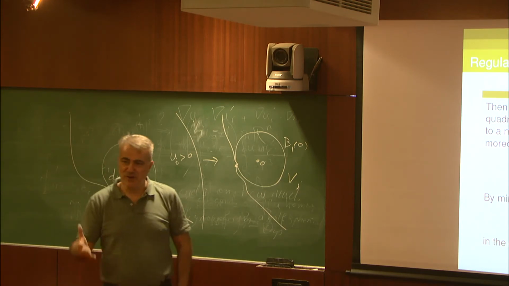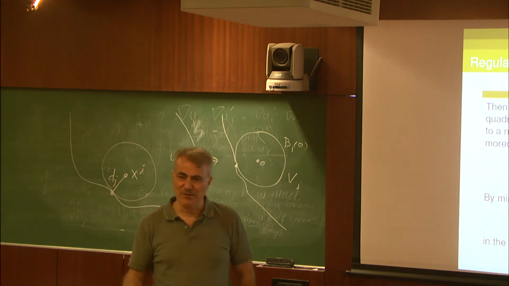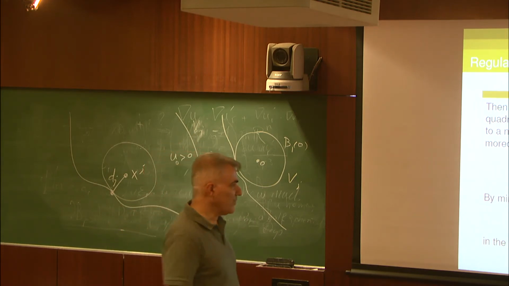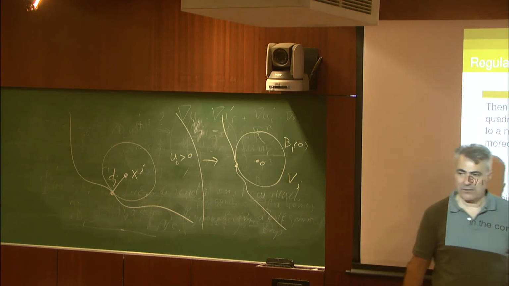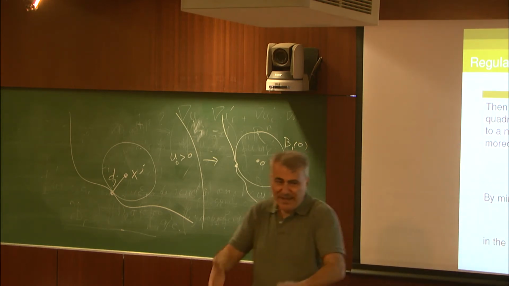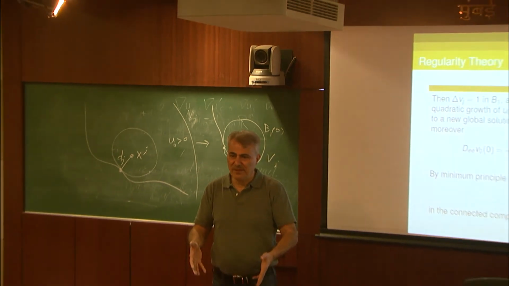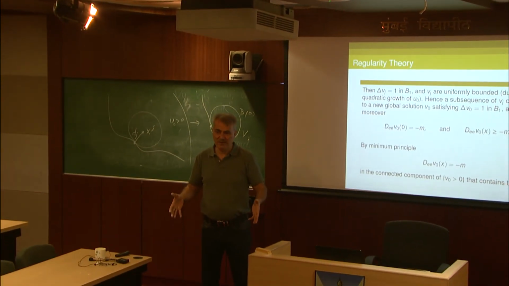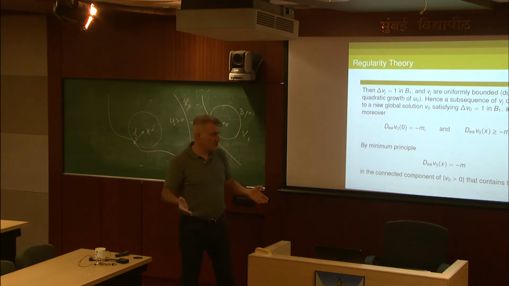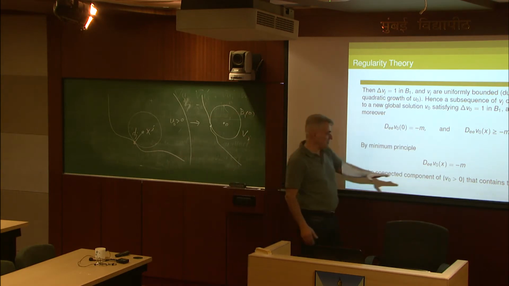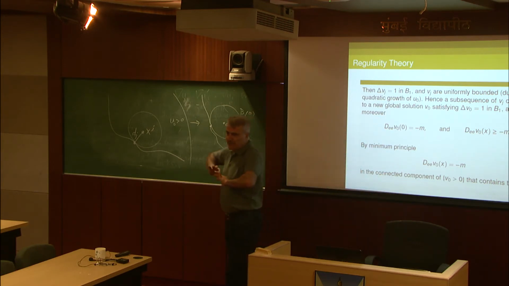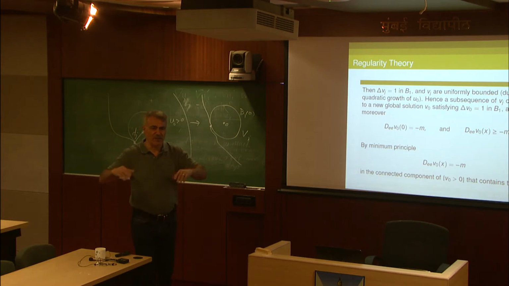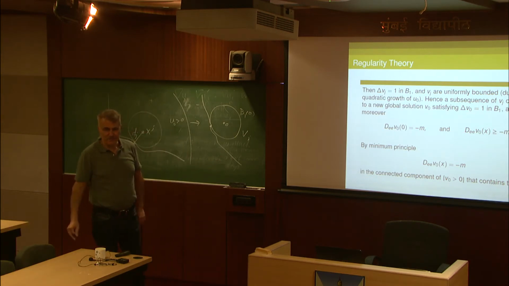Minus f is the smallest possible value, so the smallest possible value for the second derivative of v0 is minus f, and it's taken inside the domain. The minimum principle is violated unless this function is constant. So it means that this function is going to be constant in the connected component only. The other components I just throw away. I don't see them. I don't like them. They don't help.